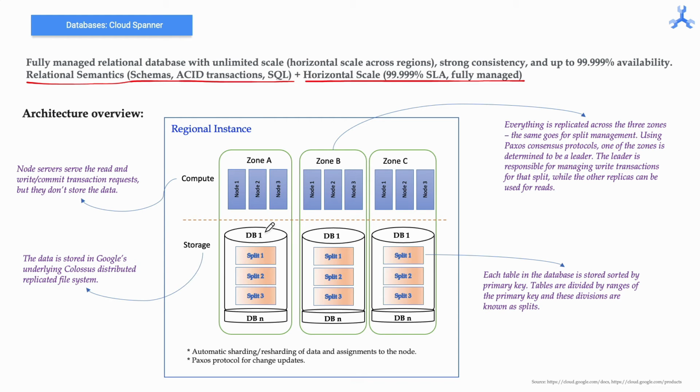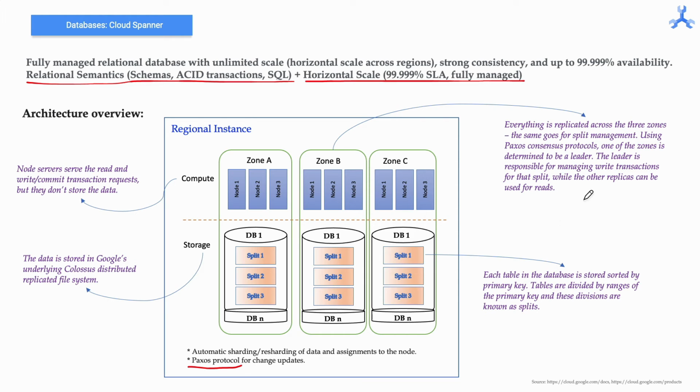Now, out of these 3 nodes, at a time you will only have one leader node, and the others will be follower nodes. So there'll be only one leader node, and one split is only assigned to one leader node. The way this is achieved is called the Paxos protocol, a protocol to identify the leader.